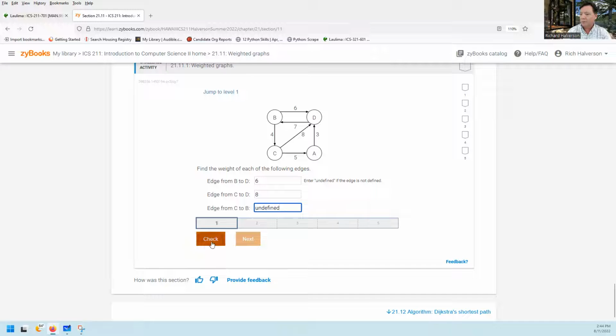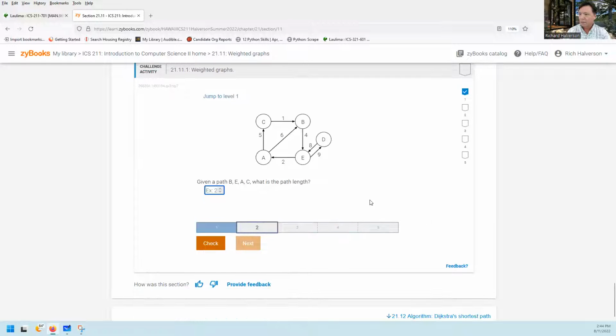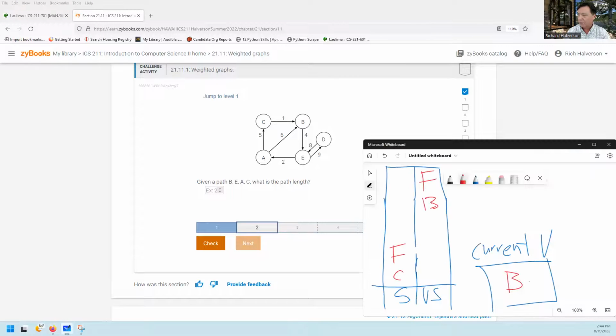All right. Get it right? Oh, good. All right, what's the next one? Given a path B, E, A, C, what is the length? I can pull up a little whiteboard here.